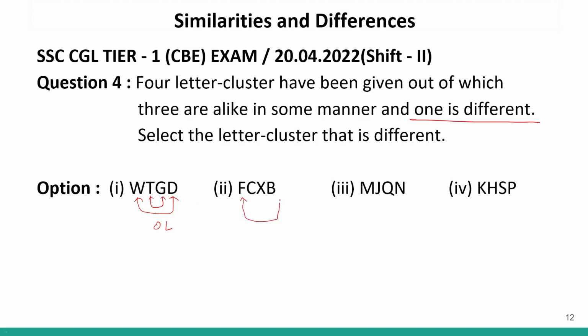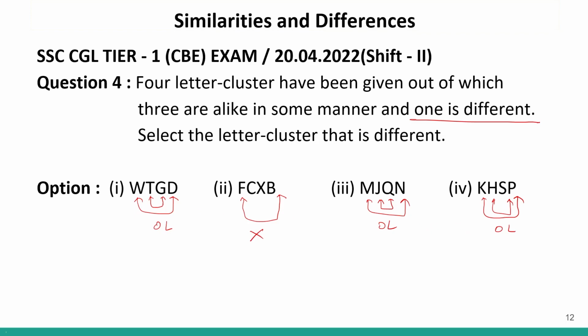F and B are not opposite letters. So this one follows a different logic. Let us check for M and N. M and N are opposite letters. Similarly, J and Q are also opposite letters. K and P are opposite letters. Similarly, H and S are also opposite letters.